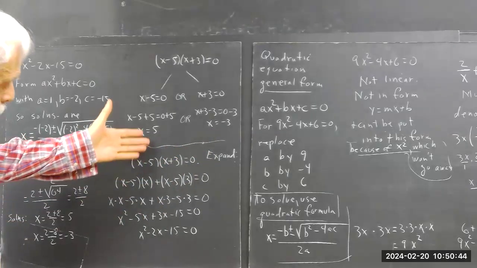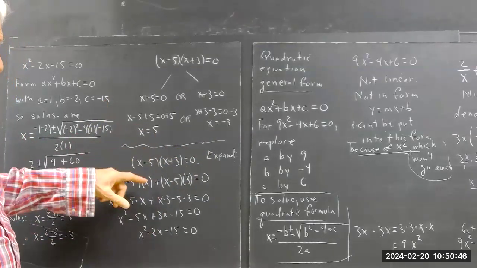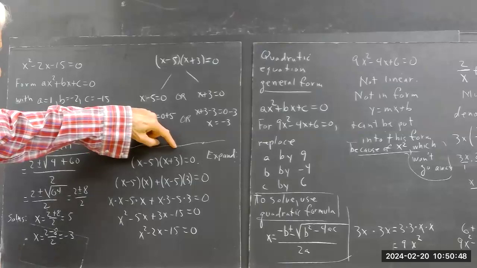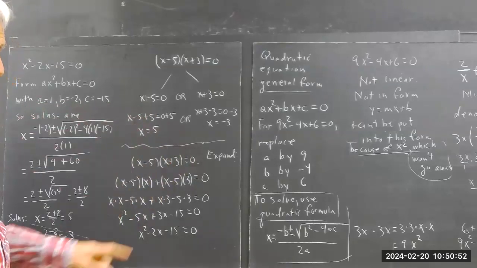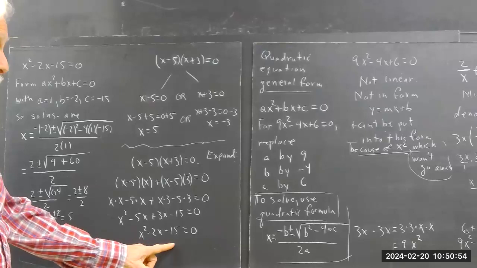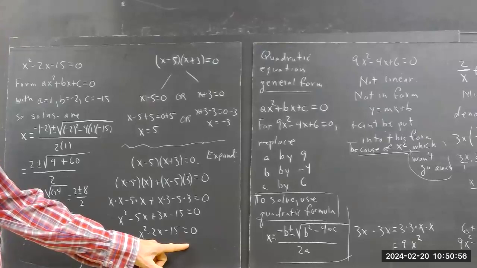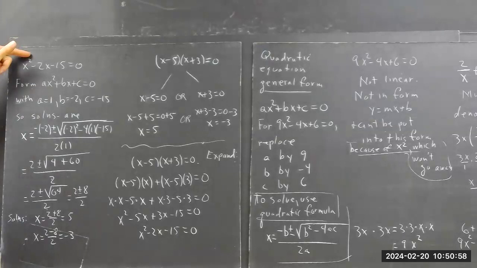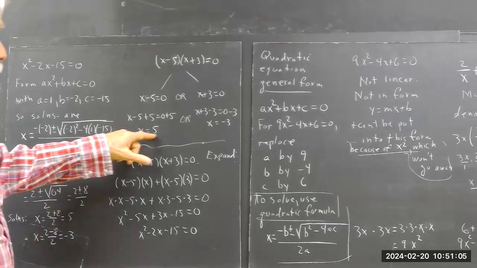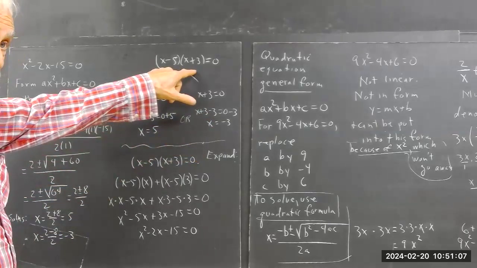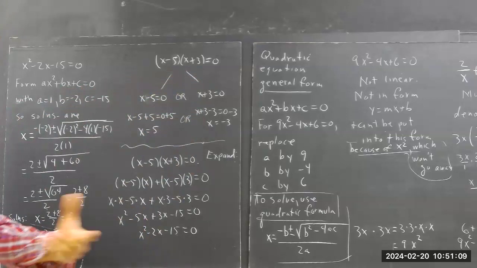When we complicated the thing for illustration, we took exactly the same equation. We applied the distributive law a couple of times, and we got the equation x squared minus 2x minus 15 equals 0. And we just solved that equation using the quadratic formula, and we got solutions 5 and -3, the same as the solutions we had here when we did it in factor form.